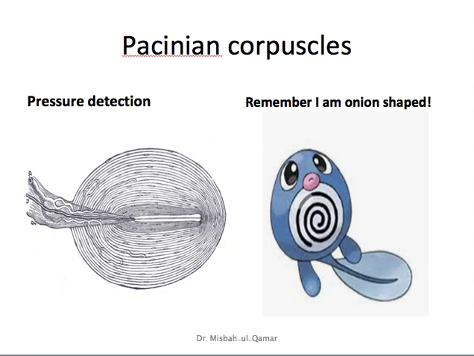And finally, our skin has a lot of free nerve endings, which also respond to temperature changes and to factors which can damage the tissues. And these free nerve endings also extend into the epidermis. So this is how our skin has a role in the sensory system also.